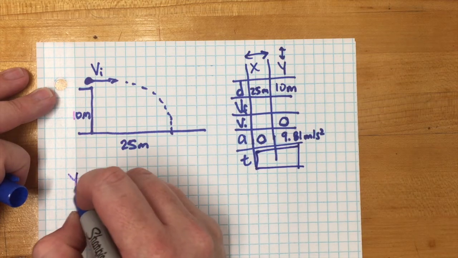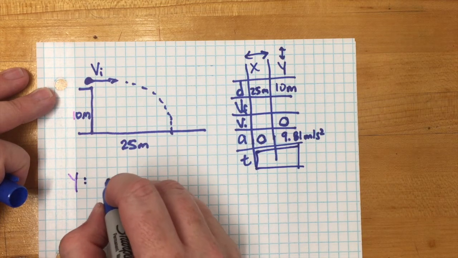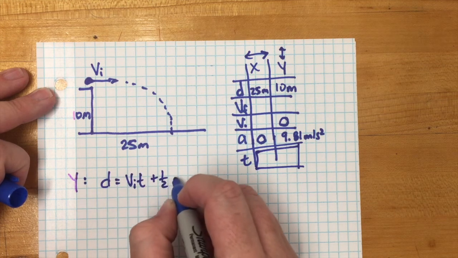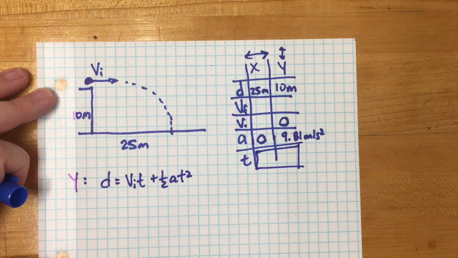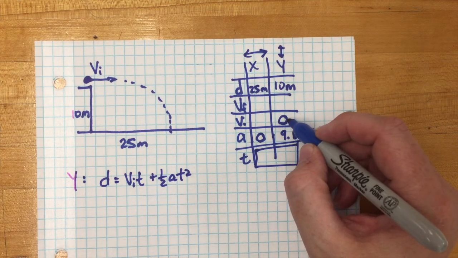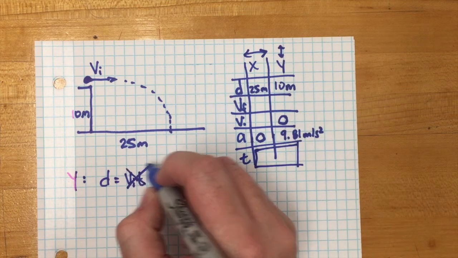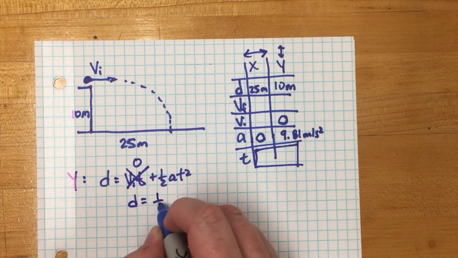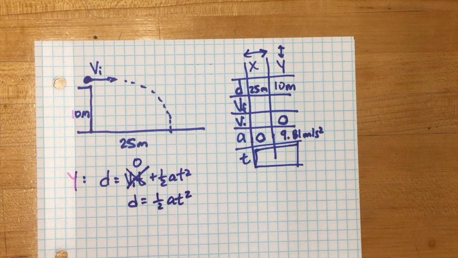So in the y direction, we'll use the equation d equals VIT plus 1/2 AT squared. The thing that's happening in the y direction is that your VI is 0. This whole thing can go to 0. So you have the distance in the y direction is equal to 1/2 AT squared.